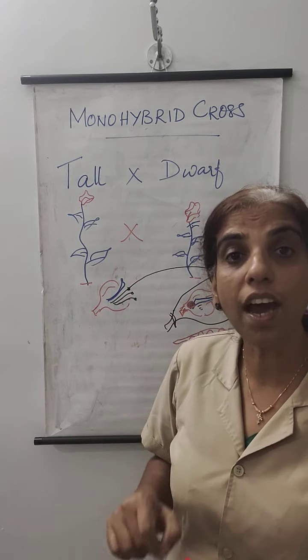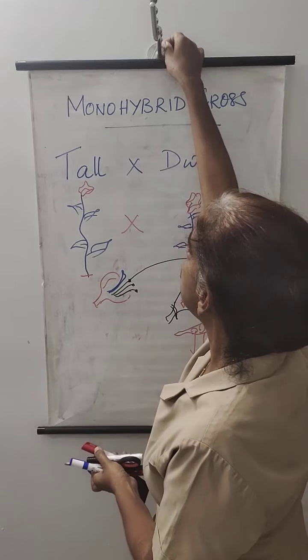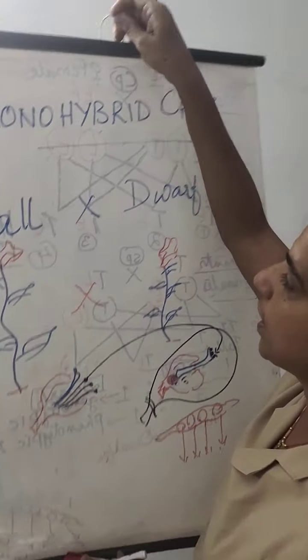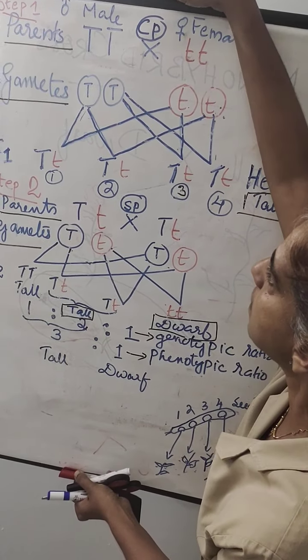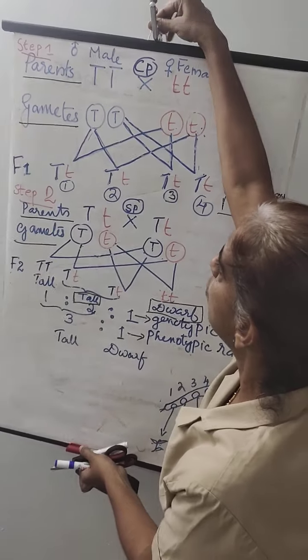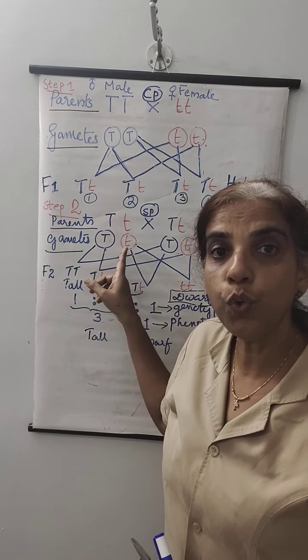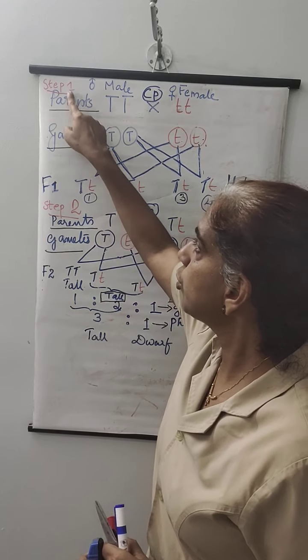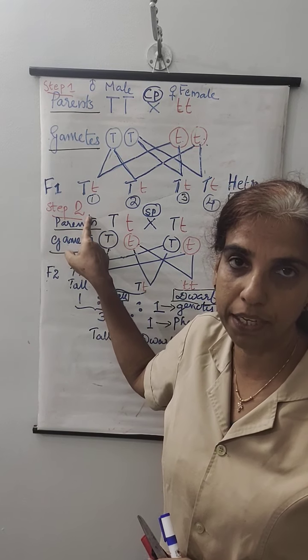Now let us see the different steps taken by Gregor Johann Mendel for his monohybrid cross. You can see in this white board we have listed a few steps. There are 2 steps in Mendel's monohybrid experiment.